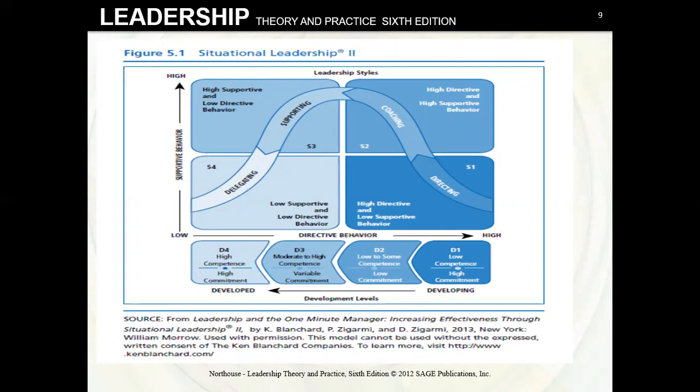The point we need to clarify here is that effective leadership occurs when the leader can accurately diagnose the development level of the followers in a given situation, and then exhibit the prescribed leadership style that matches that particular situation.